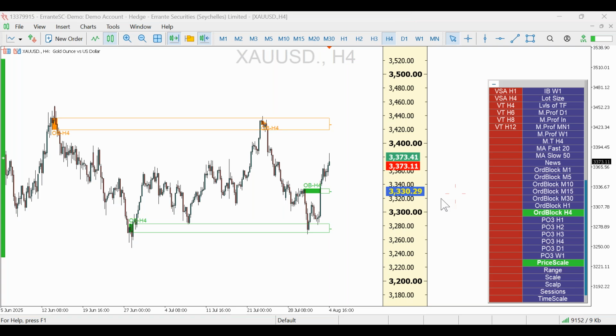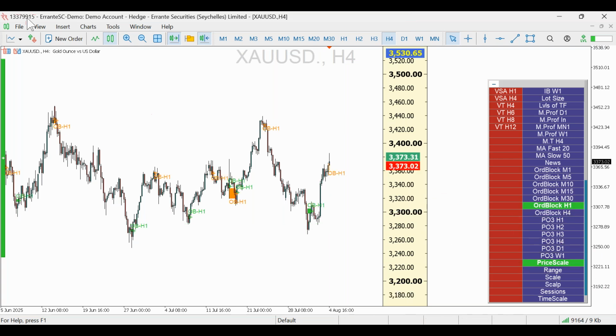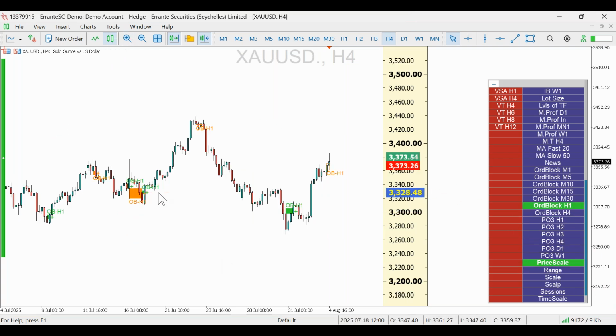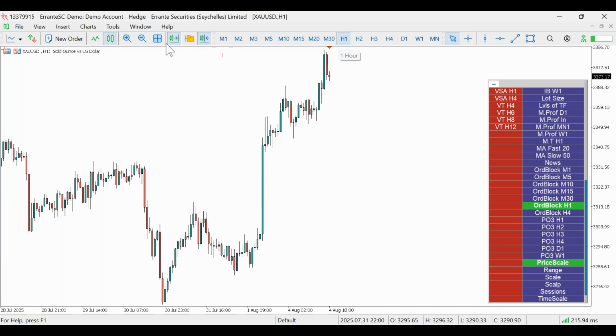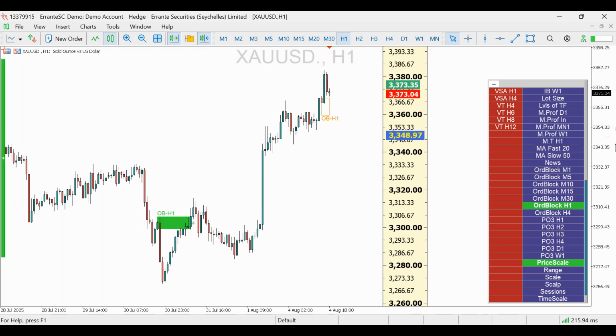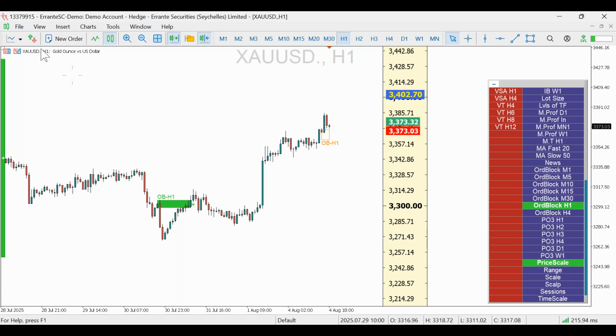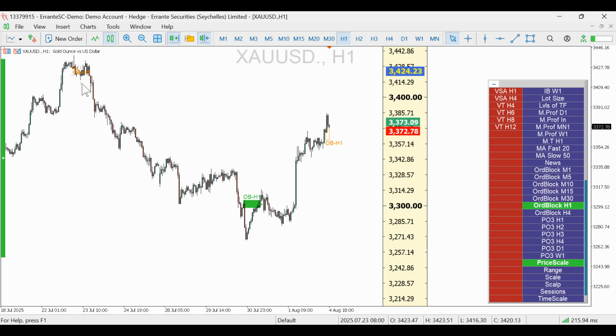Okay, now let's move to the H1 time frame. What I'm doing is watching the H1 order blocks on the H4. See, this is the H4, and I'm watching the H1 order blocks on H4. I can go for H1 on H1 as well and see how it works, like a double top with a bearish order block.